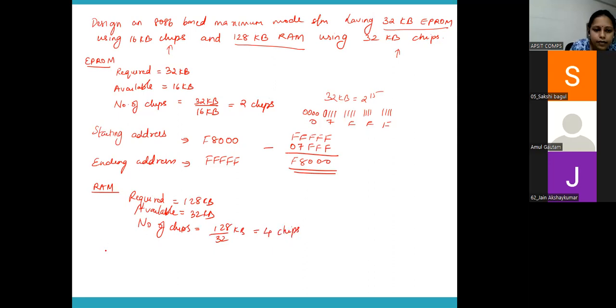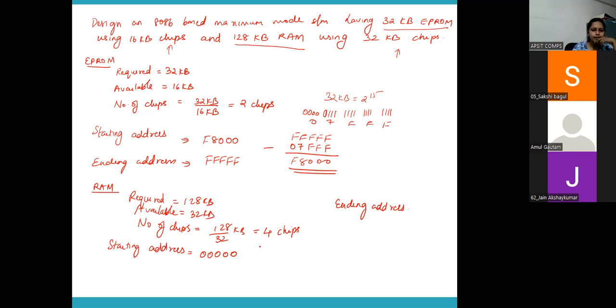Very good. Now tell me, starting address you already know for RAM. What is the starting address? So, starting address is 0000, right? Now you tell me what is the ending address? Starting address plus the size.